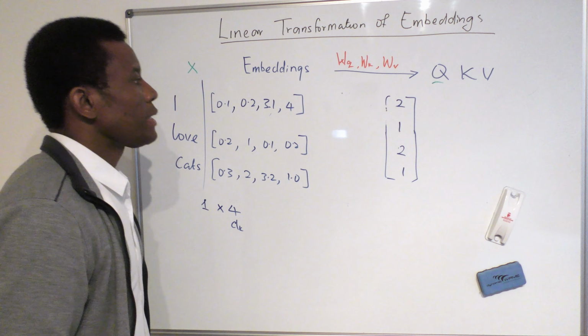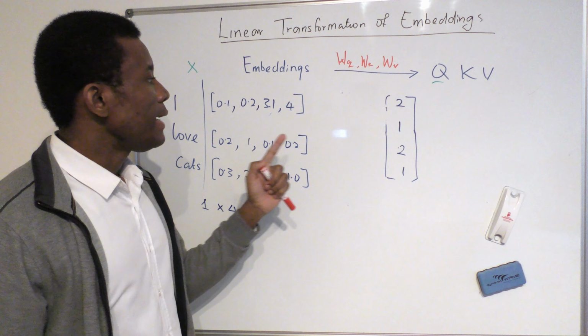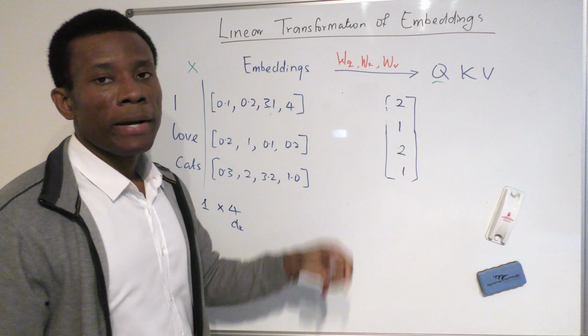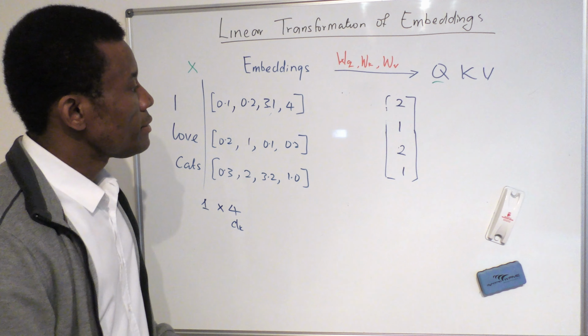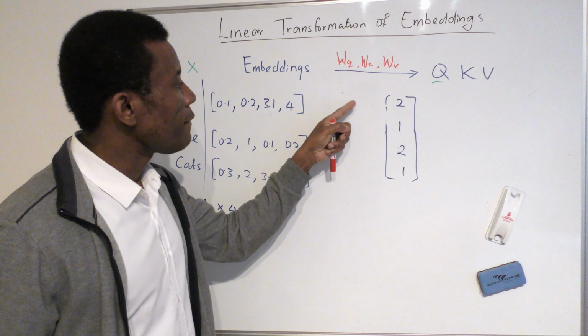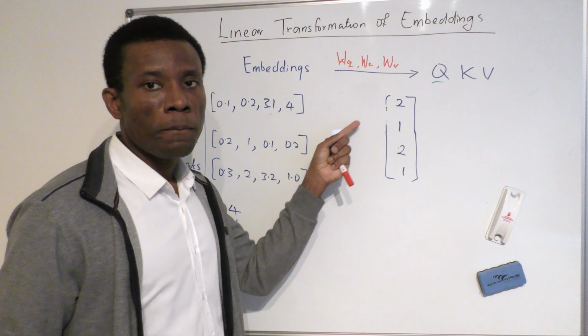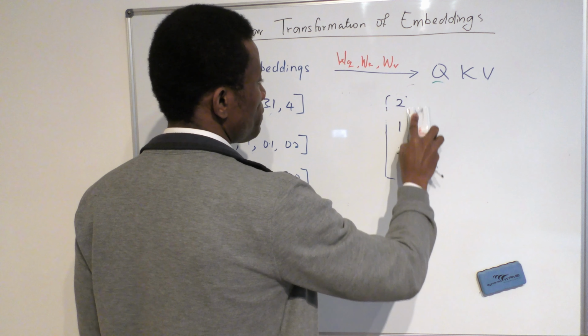Let's now assume that our WQ is 4 by 2. So we need our WQ to have a dimension of 4 by 2. So let's try to adjust this.